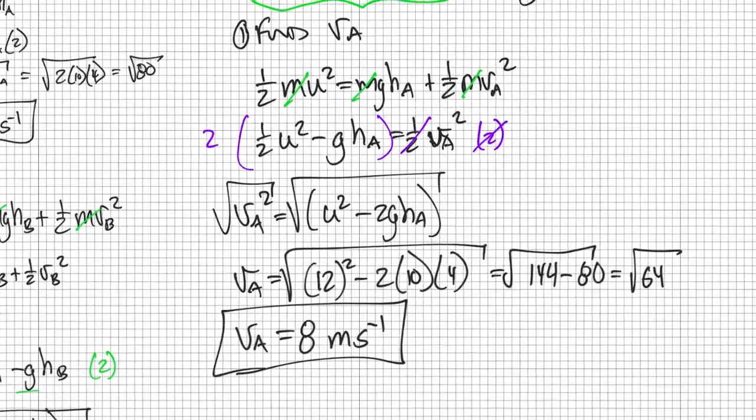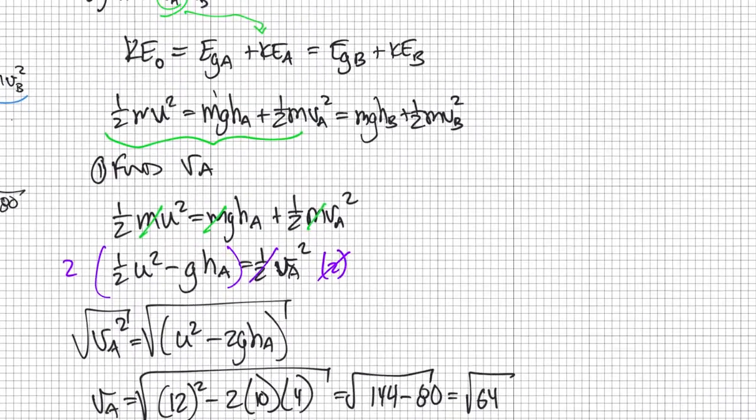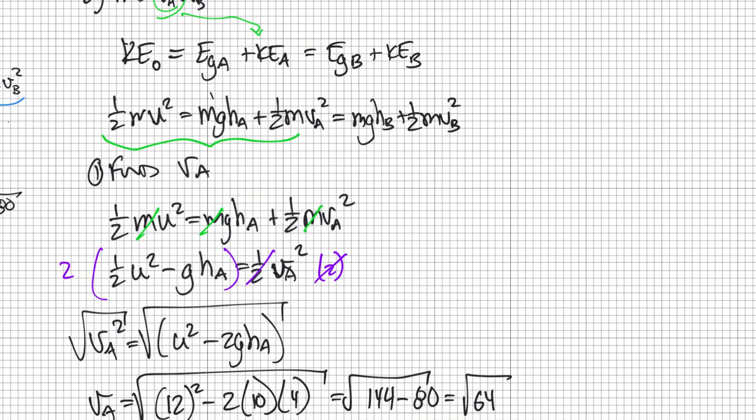Lastly, then let's do the same thing for velocity at B. With that, I'm just going to use this relationship. It's just less stuff to plug in, less work. So if this equals this, this also equals this. So kind of skipping a few steps, I'm going to get rid of my masses and get MGHB on the other side.